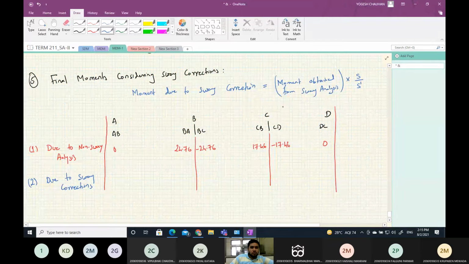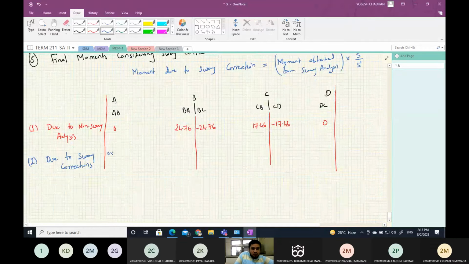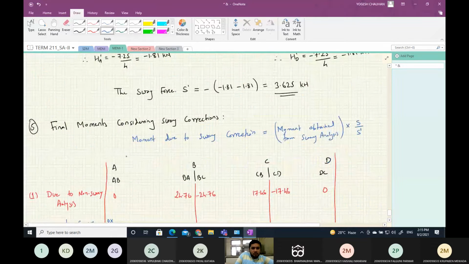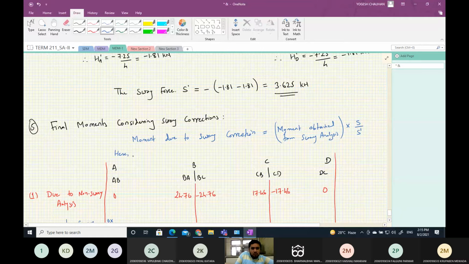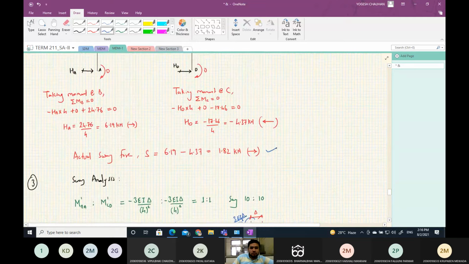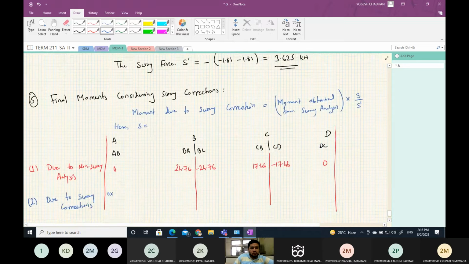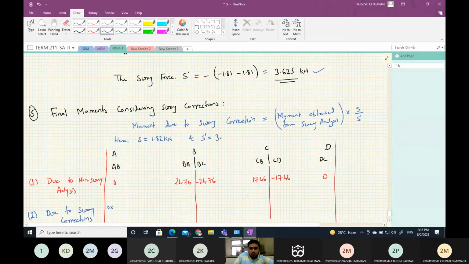Here S is equal to the actual sway, that is 1.82, and S dash is equal to 3.625 kilonewton.